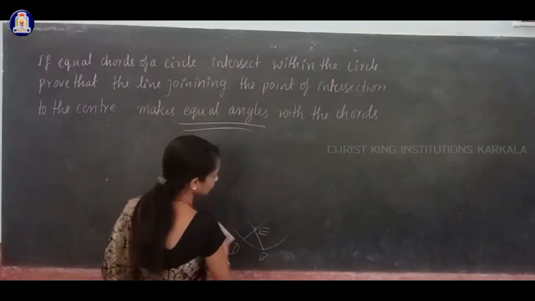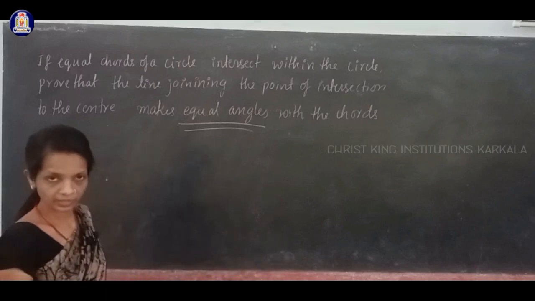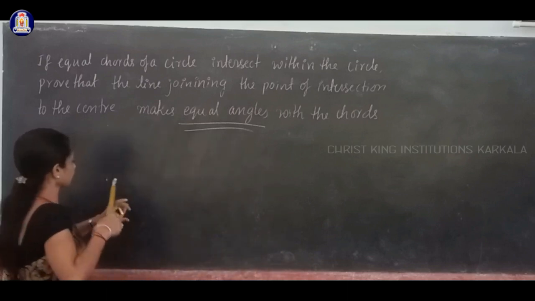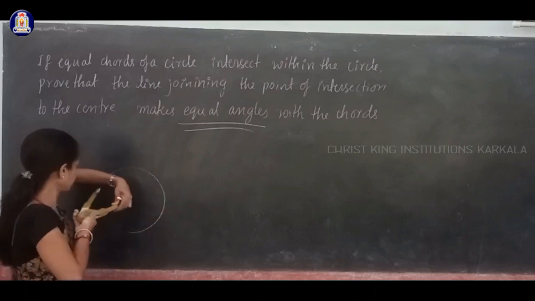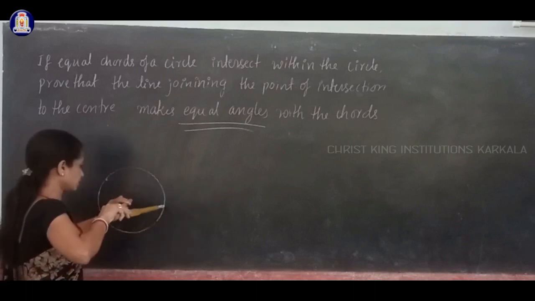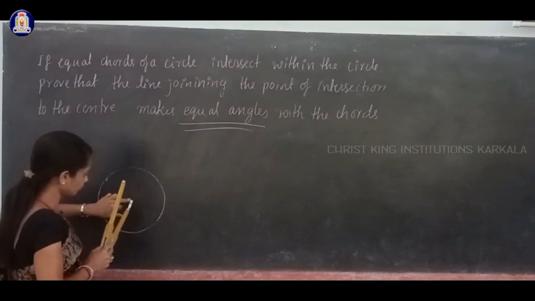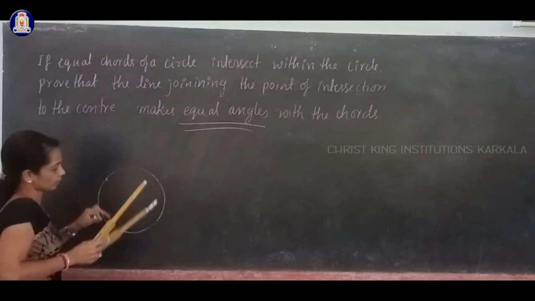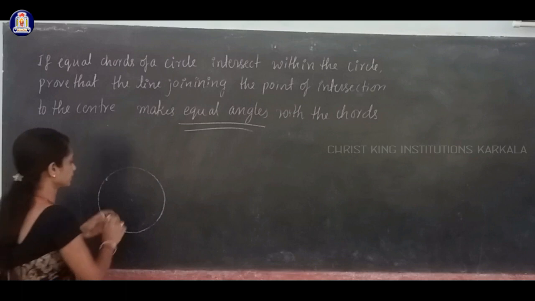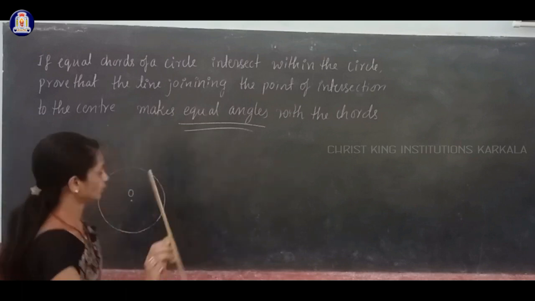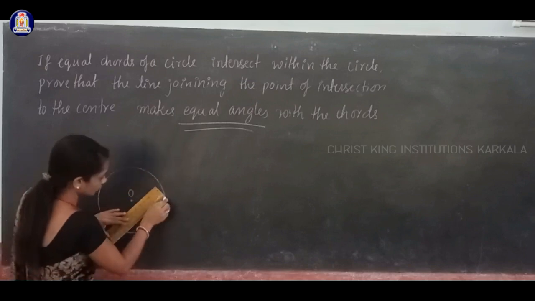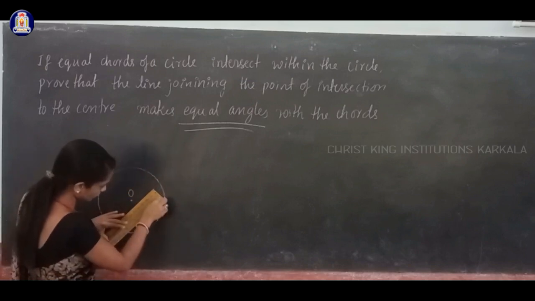So first you have to draw one circle, and next you have to take two equal chords such that they intersect within the circle. Here I'll take the center of the circle as O, and now you have to take two equal chords such that they intersect within the circle.